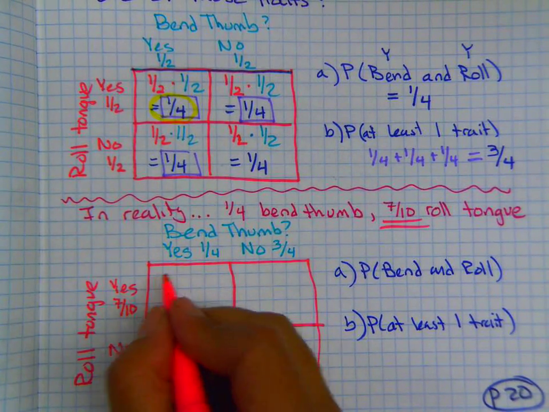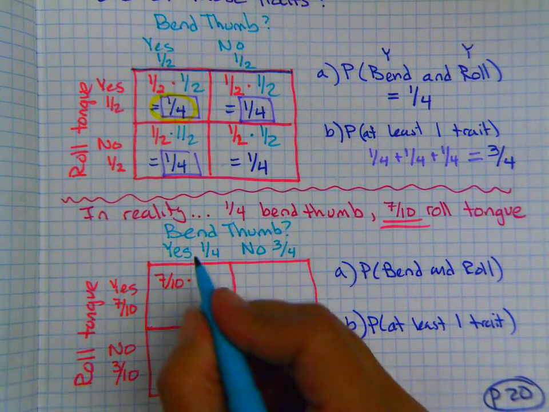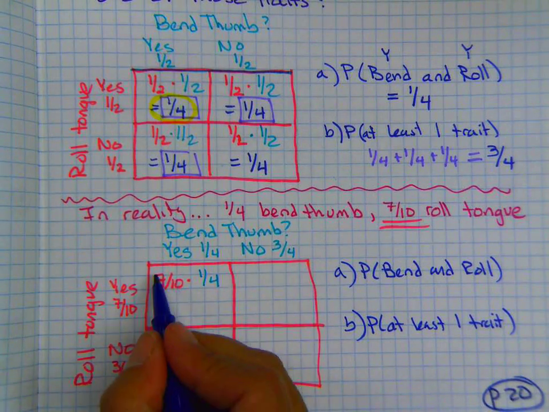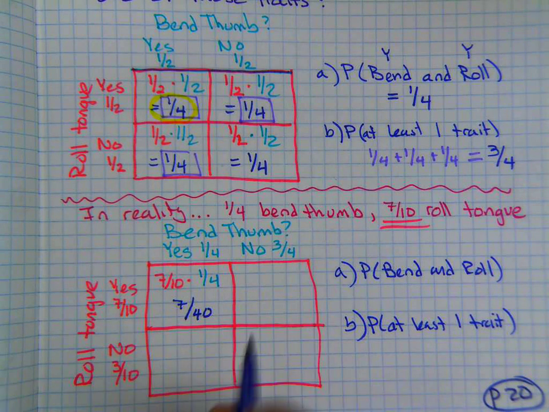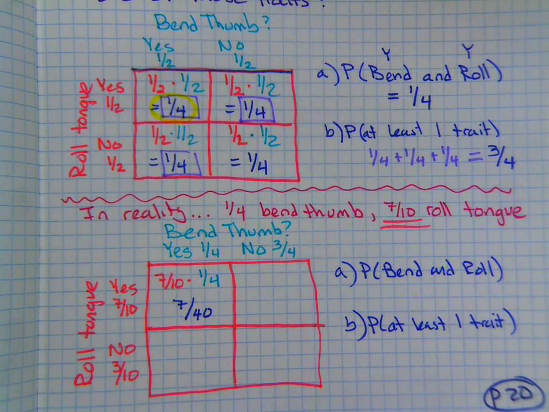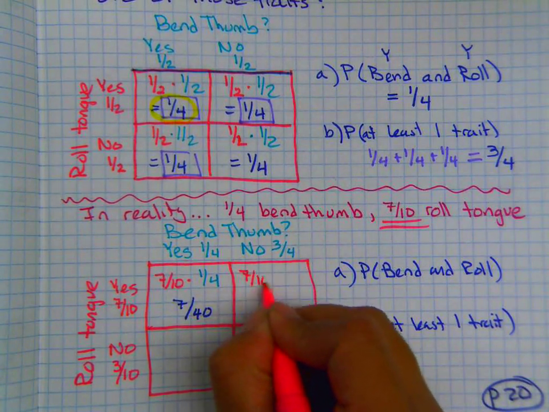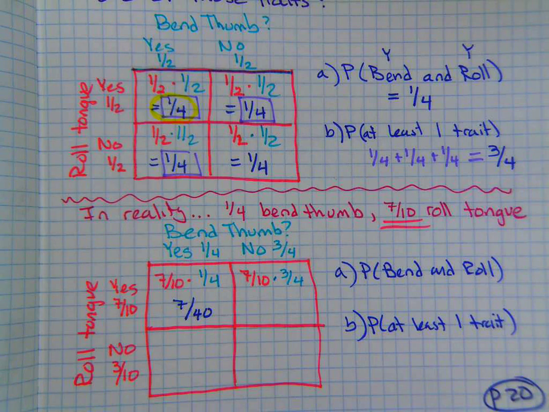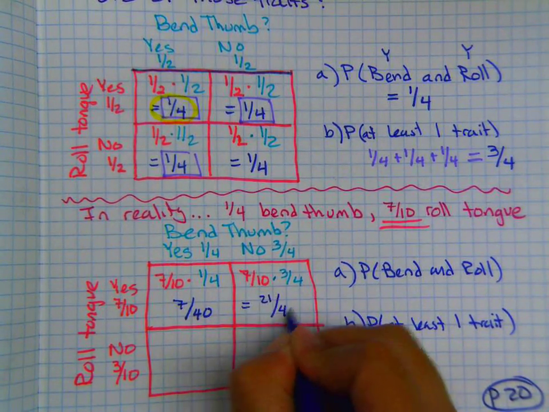So I'm going to take 7/10 and I'm going to multiply it by 1/4. So you should get multiplying fractions. I just multiply straight across. So 7/40. Then for this area, it's going to be 7/10 times 3/4, which is going to give me 21/40.